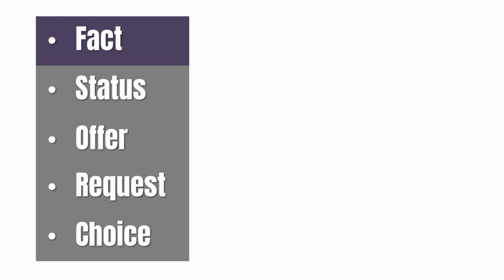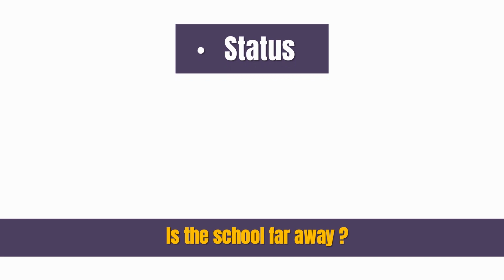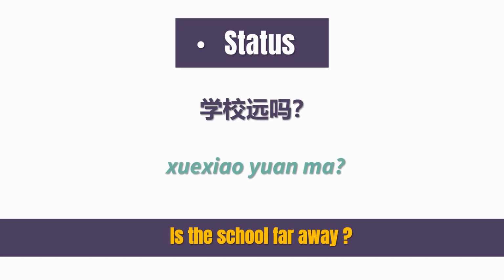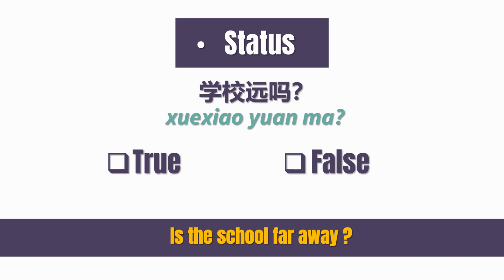The second category are questions that ask about a status. 学校远吗? People often would accept 是的 as the right answer here as well, because you can almost see it as a true or false question. But since we're being precise here, this is not a true or false case.